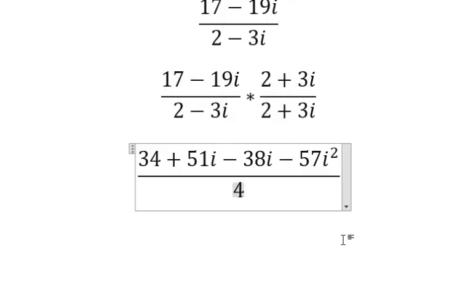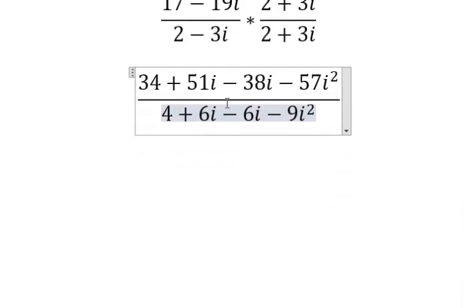And 2 times 3i will be positive 6i. Then, once we finished multiplying with 2, we're going to multiply with minus 3i. So minus 3i times 2 will be minus 6i. And minus 3i times positive 3i, that will be minus 9, and i times i will be i squared.